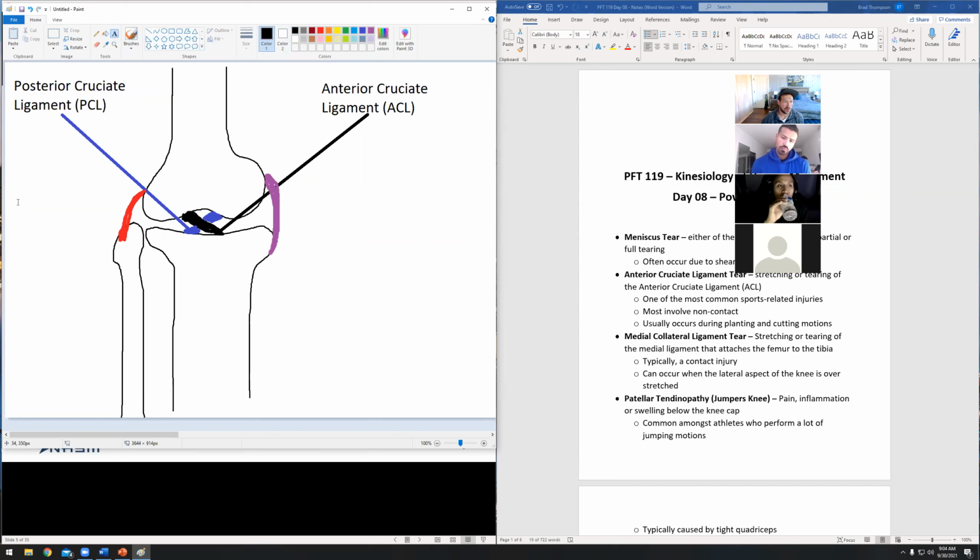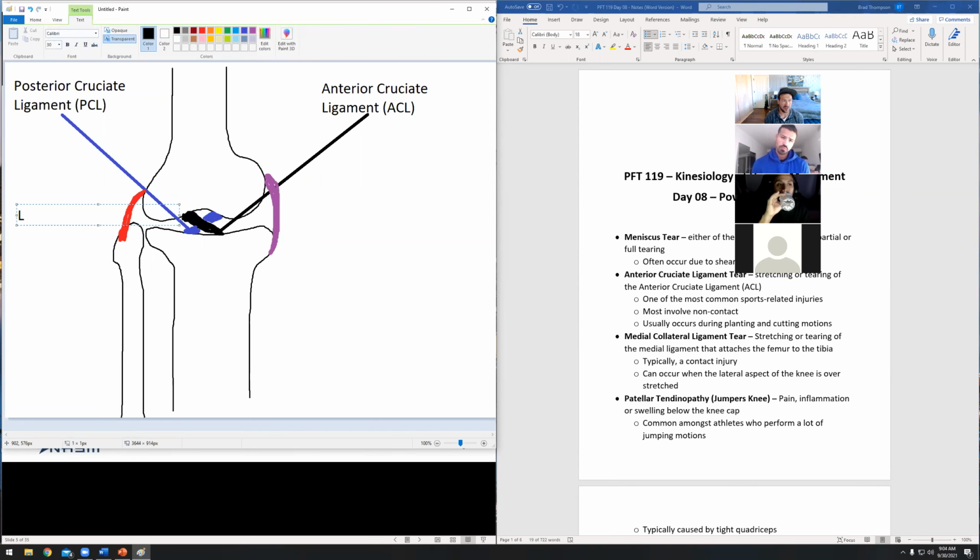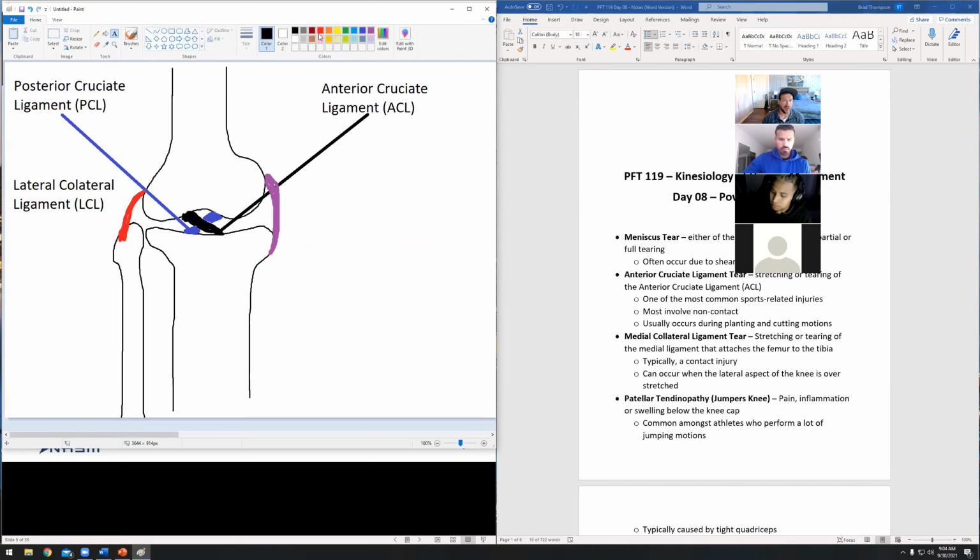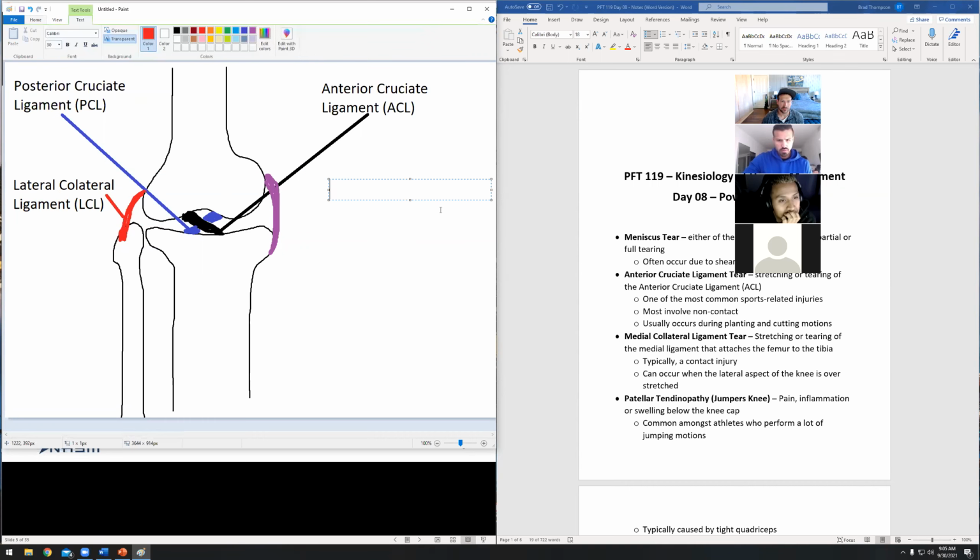You're going to see your lateral collateral ligament, your LCL, and that's right here. And then you are going to see the MCL, not to be confused with the MCU.